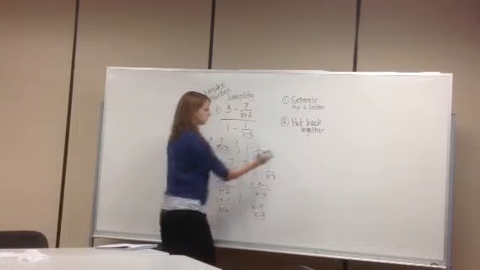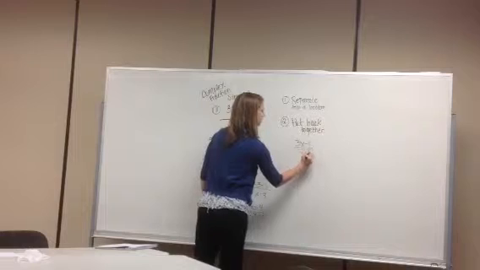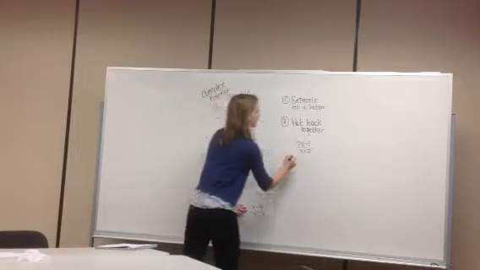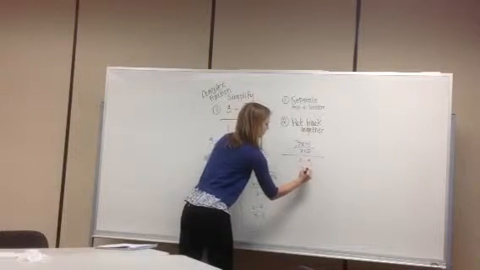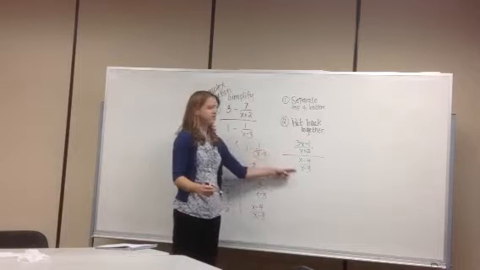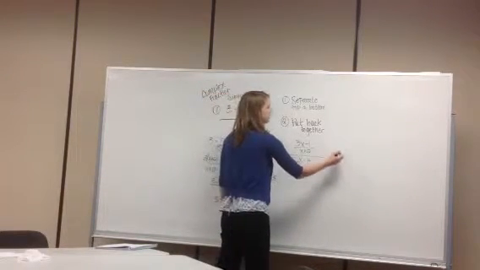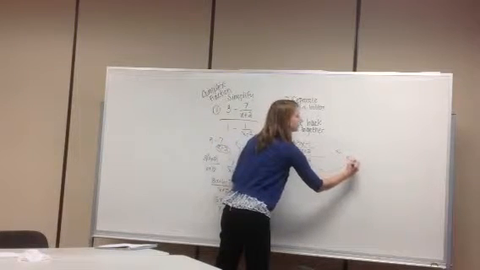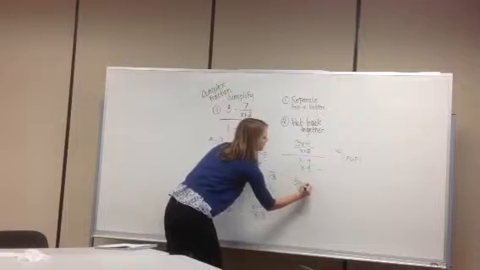So the top one is going to go on top, and the bottom one's going to go on the bottom. Now, if my goal is to simplify, and I have dividing by fraction, I'm never going to do that. Instead, I'm going to bring it up, and I'll flip, and multiply it by the reciprocal instead.